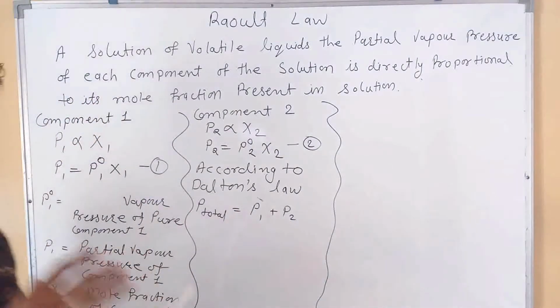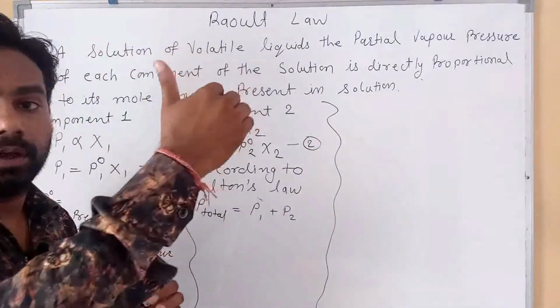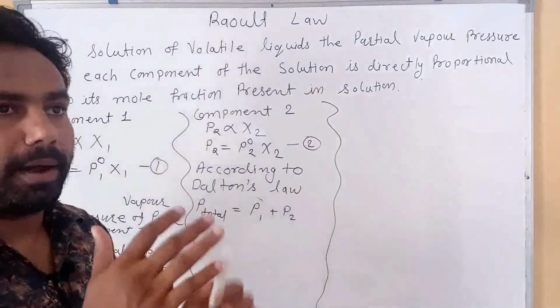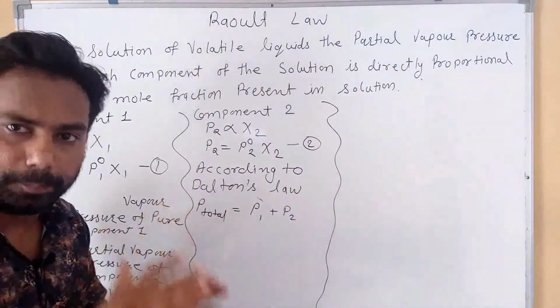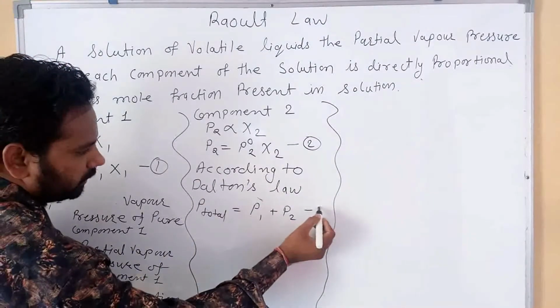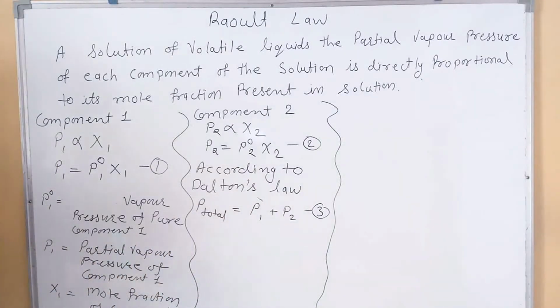According to Dalton's law, the total vapor pressure on the surface of the solution is always equal to the sum of the partial vapor pressures of the components. Then we put in this equation 3 the values of P1 and P2 from equation 1.